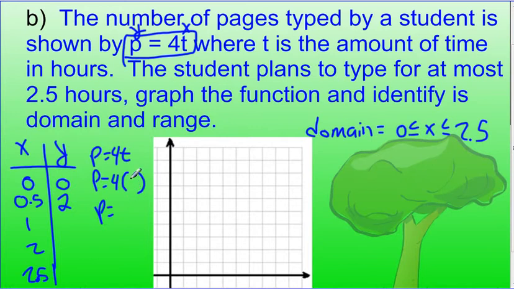If we plug in 1, 4 times 1 is 4. If we plug in 2, 4 times 2 is 8. And if we plug in 2.5, 4 times 2.5 is 10, I believe. 2 times 4 is 8. Half of 4 is 2, 8 and 2 is 10.